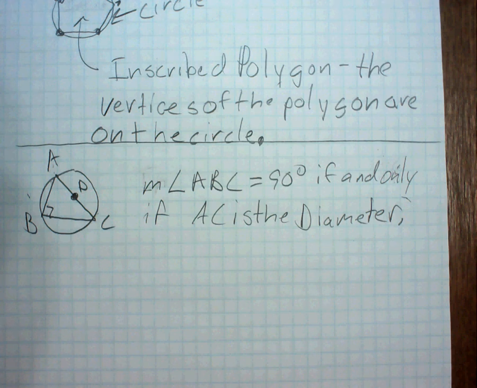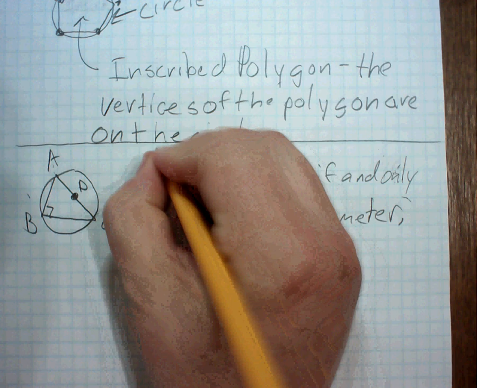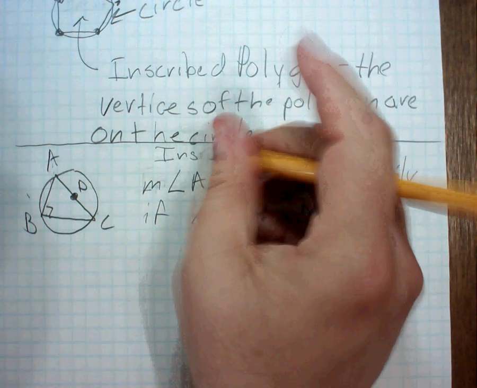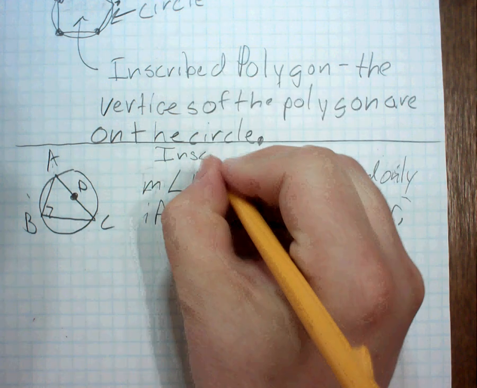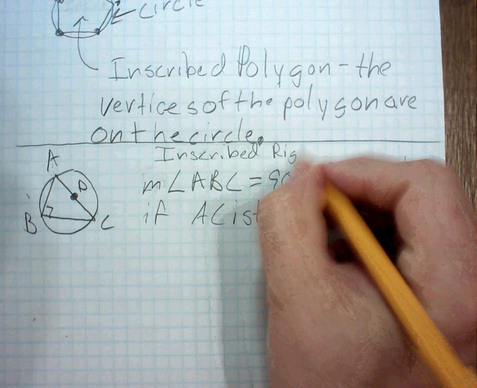That's it. Now, the other thing that we're going to use, because there's two parts to that. So this is what we would call an inscribed right triangle theorem.